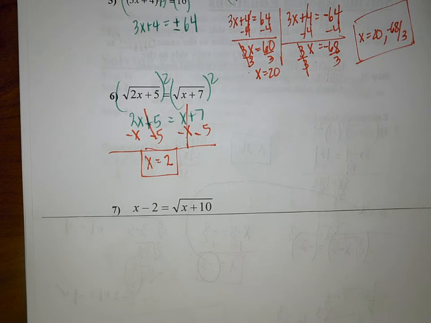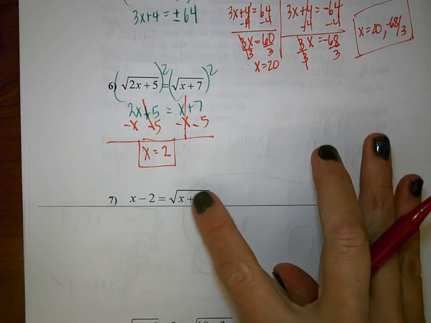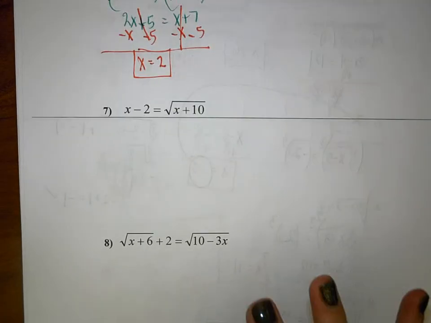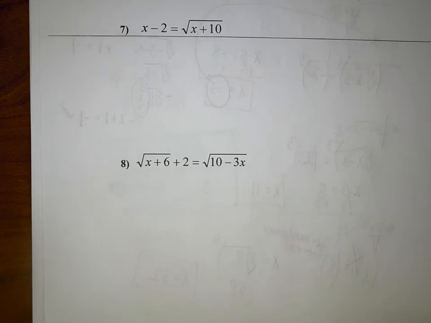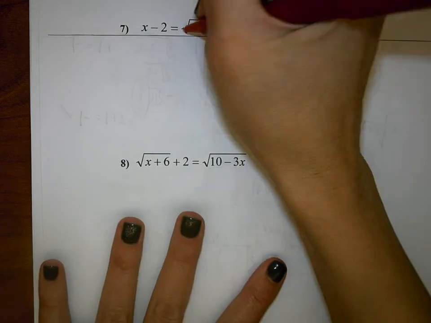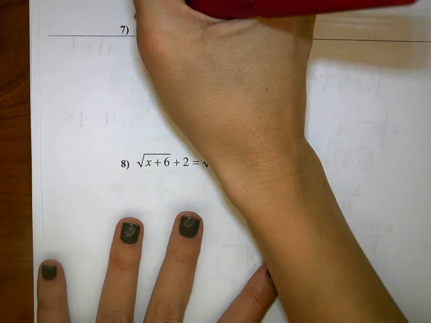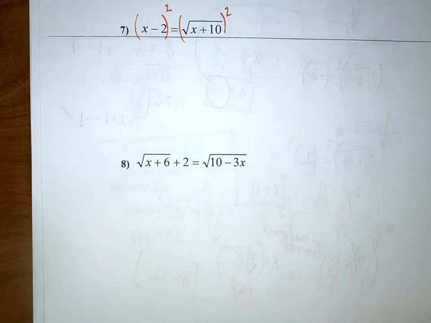Okay. Are we good? Okay, so my root is by itself. What am I going to do to get rid of that root? Square both sides. Okay. Well, what's going to happen when I square the x minus 2?